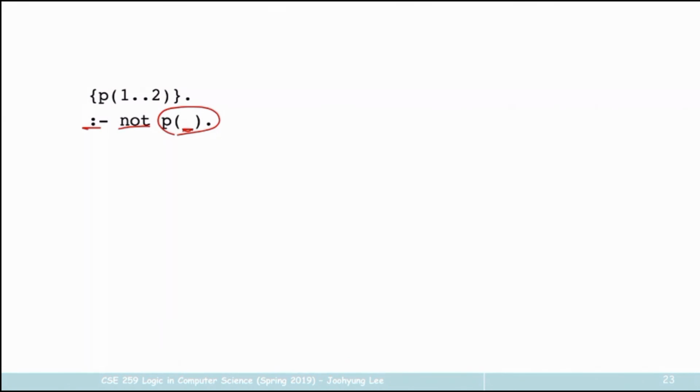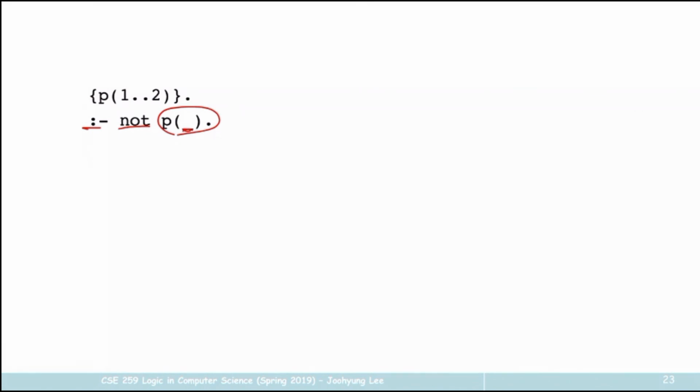Let me say it again. The first rule is saying you have to choose from the subsets of P1 and P2, right? If you look at only the first rule, how many stable models will there be? 4. So for subsets of the 2-element set, there are 4.